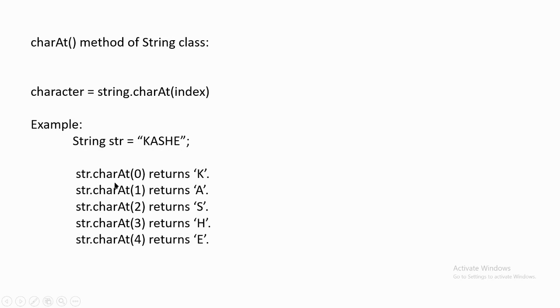If I use charAt with index 0, it returns the character at index 0 in the str string, that is K. Then if I use index 1 with the charAt method, it returns the second character, that is A. In the same way, if I use index 4 as input for this charAt function, then it returns the character at index 4, which is E in our string.